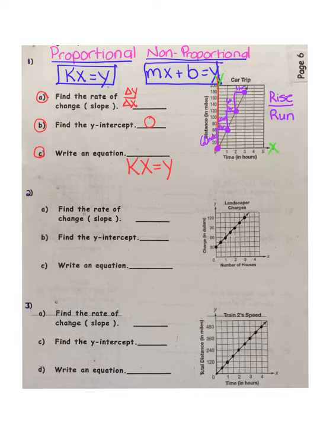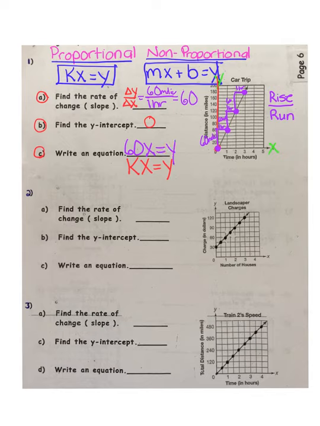So our rise over our run is 60 miles per 1 hour. That's our unit rate. 60 divided by 1 is 60. So when we write our equation, we get 60 times x equals y.